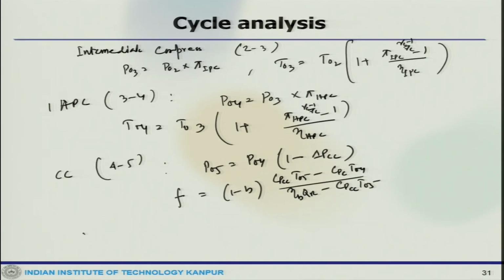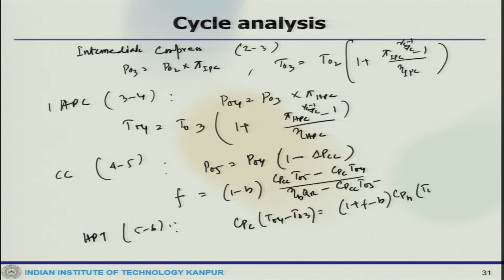Then HPT, that is 5 to 6. So, the energy balance for the high pressure spool gives CPC T04 minus T03 equals 1 plus F minus B CPH T05 minus T06. Here we are assuming the transmission efficiency, or the mechanical efficiency of the shaft and all this, to be 100%.